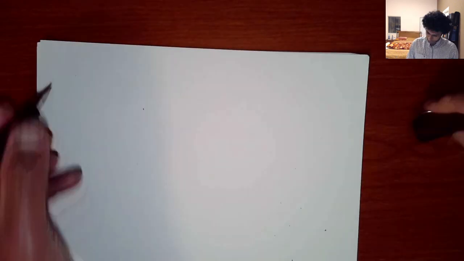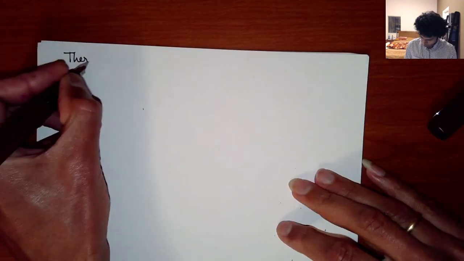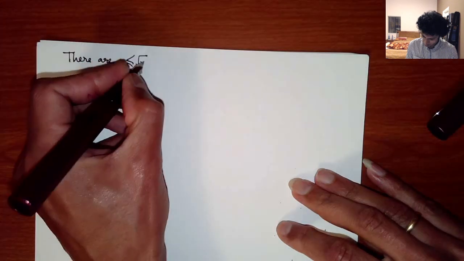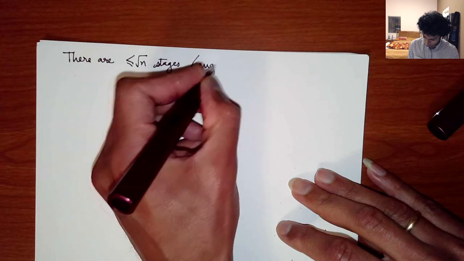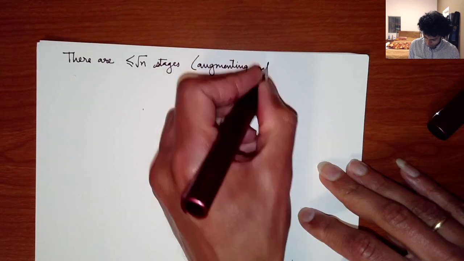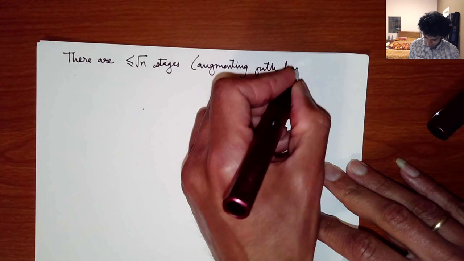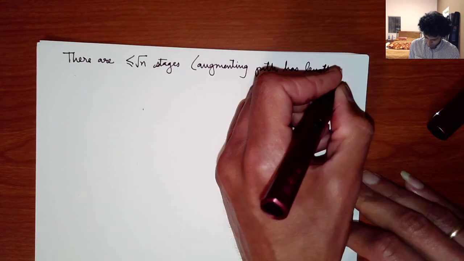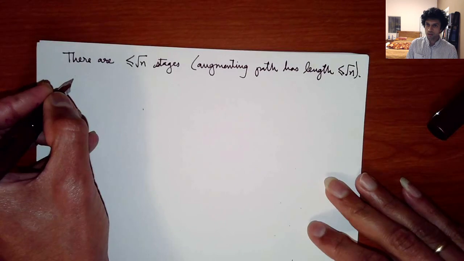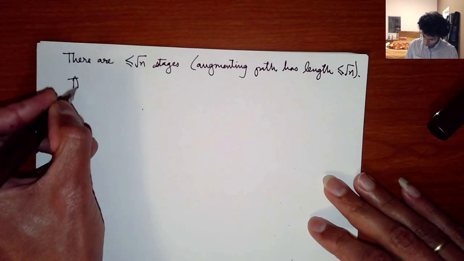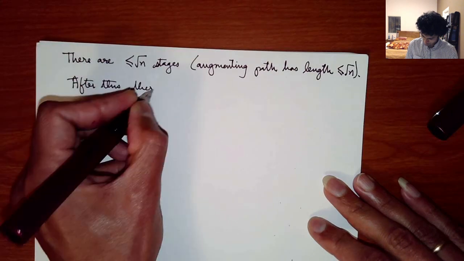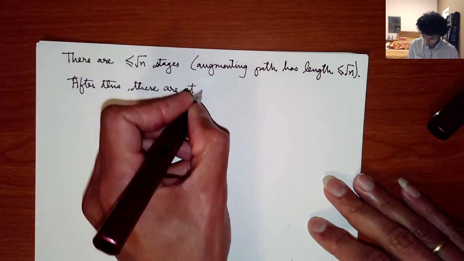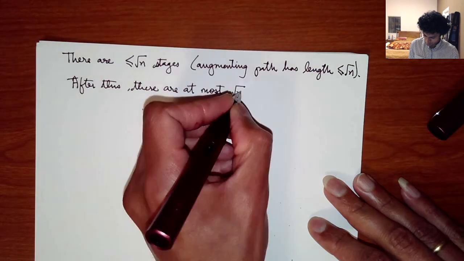Another way of saying this is there are at most root n stages. At this point the augmenting path has length at most root n. After this, there are at most root n augmentations.